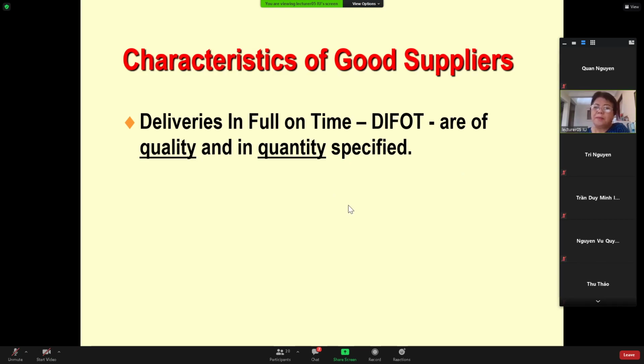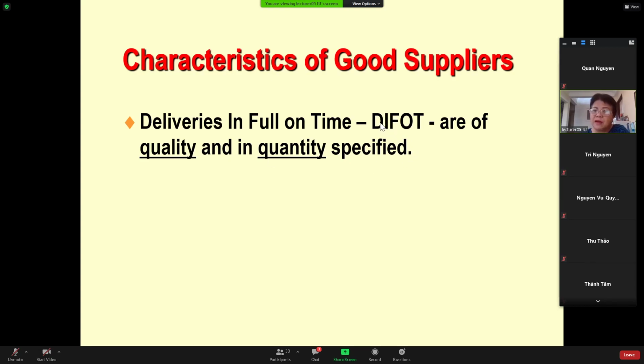Number one, a good supplier that we are evaluating is one that can deliver on your request as a buyer in full and on time. The short term that we normally use is DIFOT.